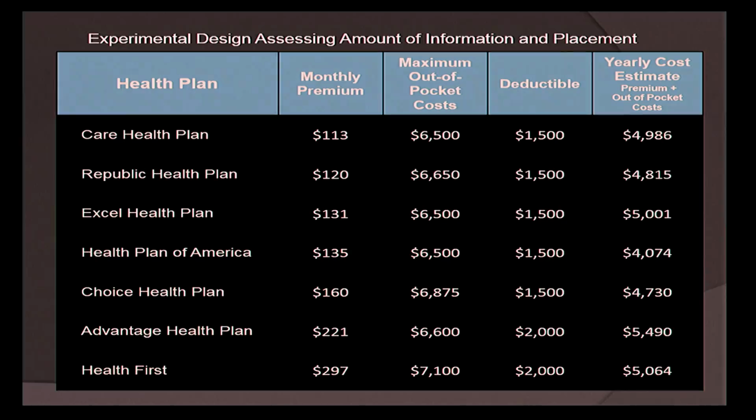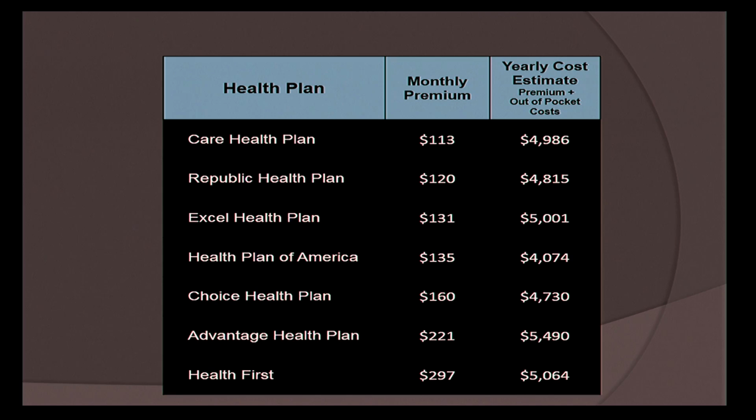We did another experiment where we looked at the amount of information as well as the placement of information. And here, again, is the same data points. One group saw less information, but they saw the premium and they saw the yearly estimated cost.